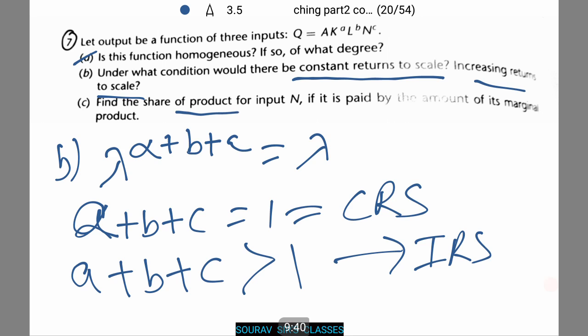Now let's find the share of the product for input N if it is paid by the amount of its marginal product. Let's see what that comes to.